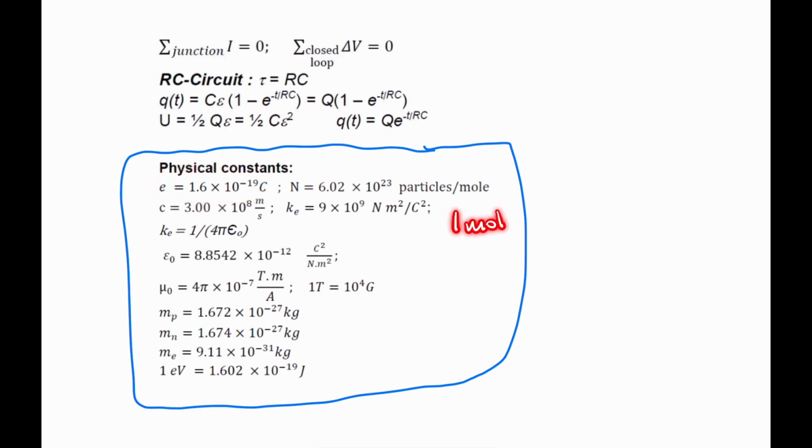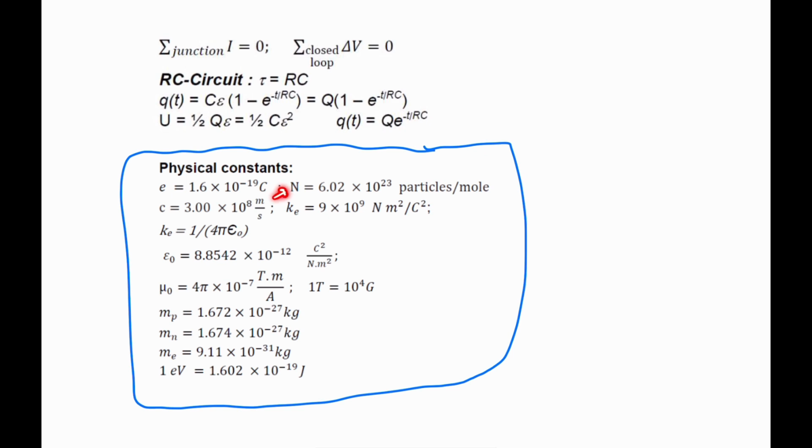Well, it's telling you 1 mole has Avogadro's number of particles in it. And this works for anything. You could have Avogadro's number of atoms, Avogadro's number of billiard balls, whatever it is, that creates 1 mole. It's like a new definition of a number of particles.